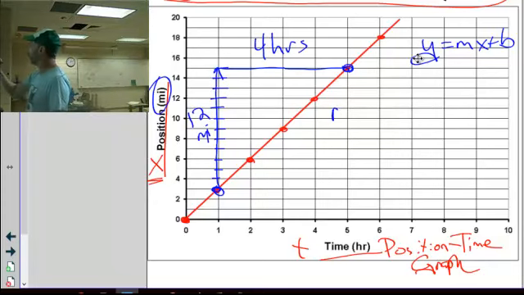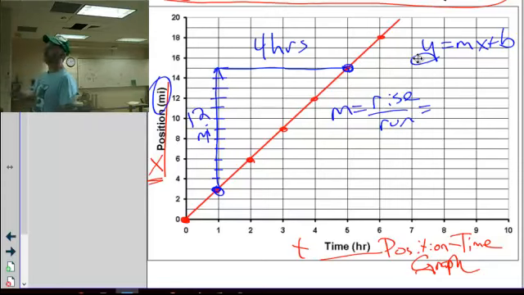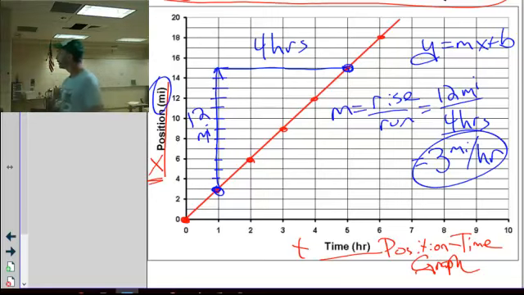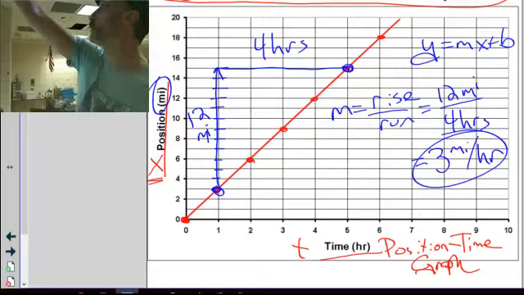So my slope is rise over run. I went up a position of 12 miles in 4 hours. Oh, well, that's 3 miles per hour, isn't it? That's my velocity.